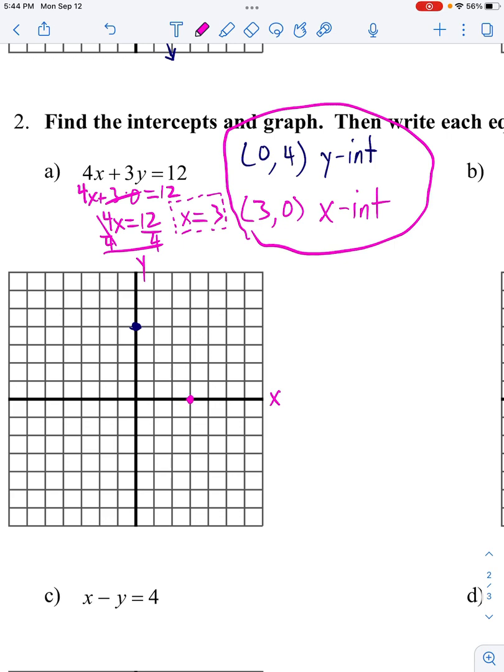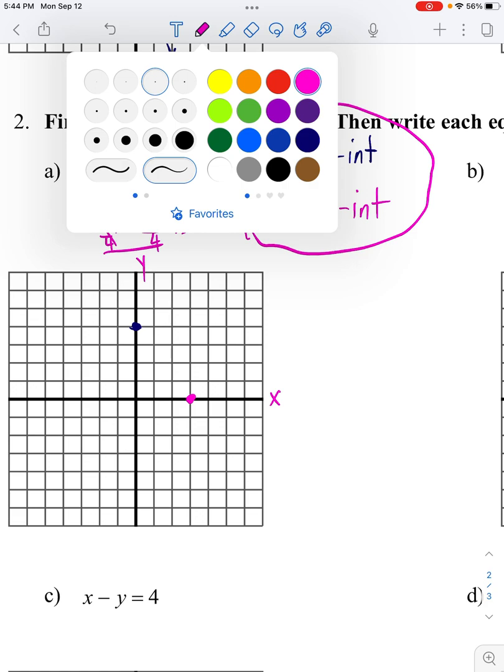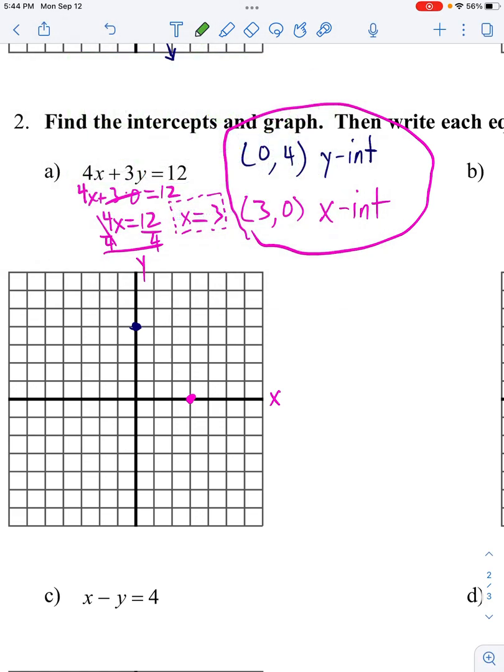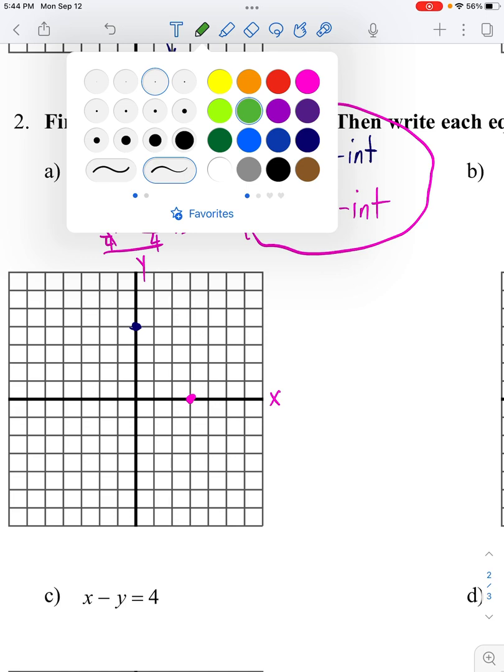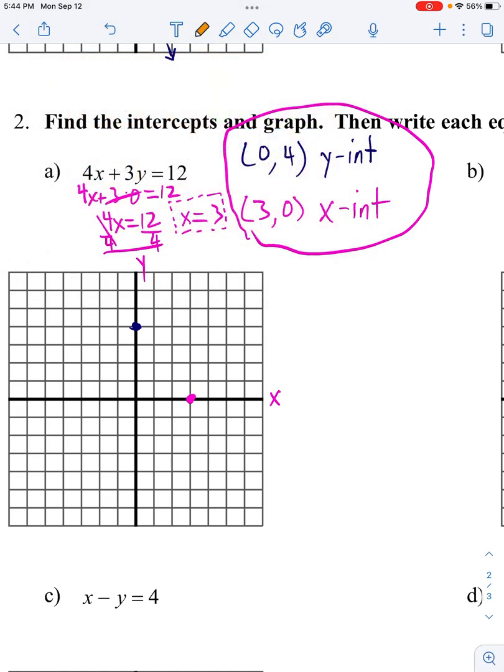And there's my line. Let me use a neutral color. Oh, it's going to be ugly. I'm not artistically gifted. There's my line right there. All right, it's y equals 4x. Oh, nope, sorry. Nope, pretend I didn't say that. All right, it's going to be 4x plus 3y equals 12. Okay.